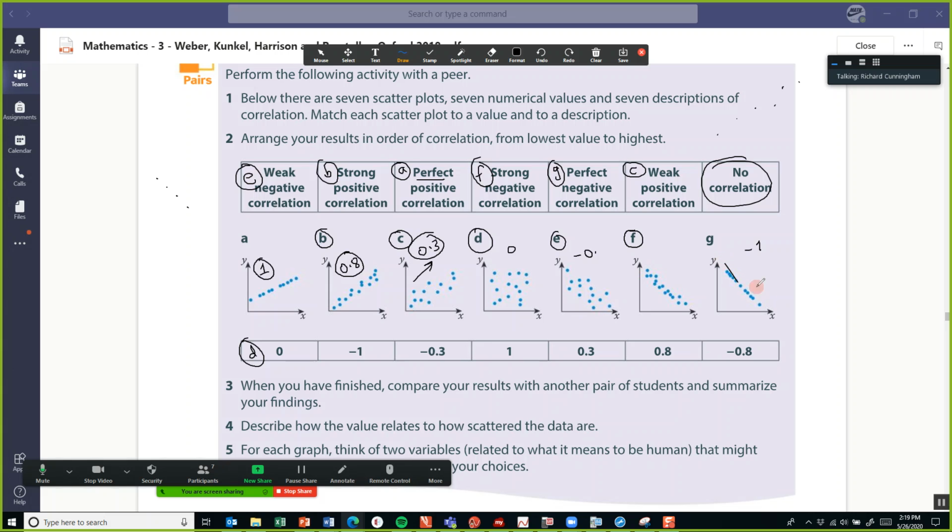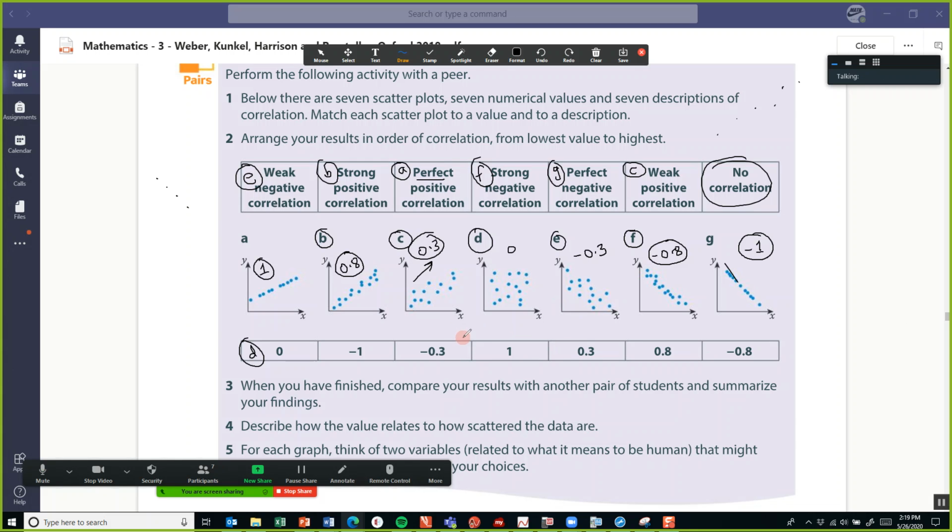F is strong, G is perfect. So if G is perfect, G would be negative 1. F would be negative 0.8, and that means E would be negative 0.3. So we can see the kind of range of values that we can get from these.